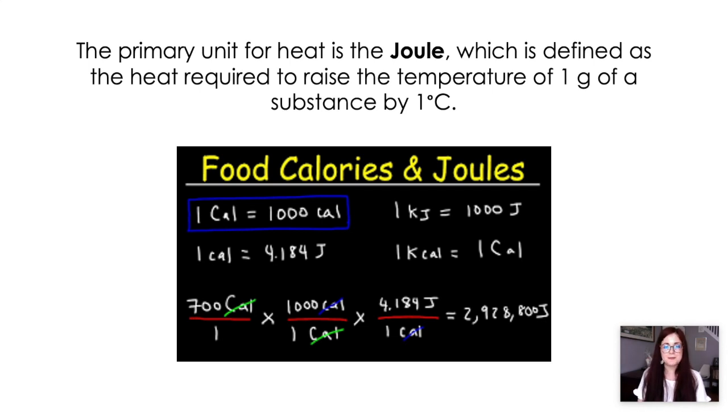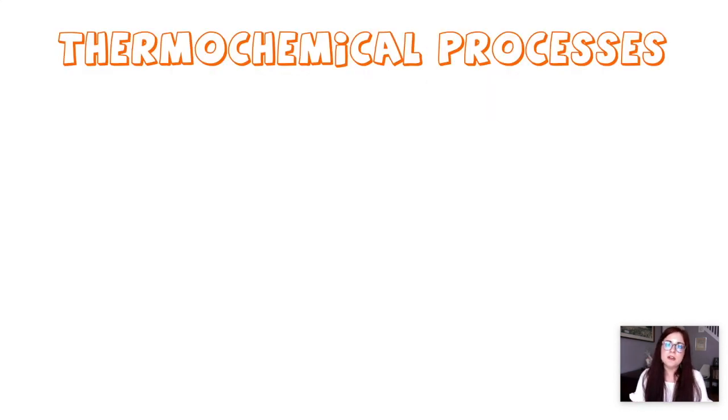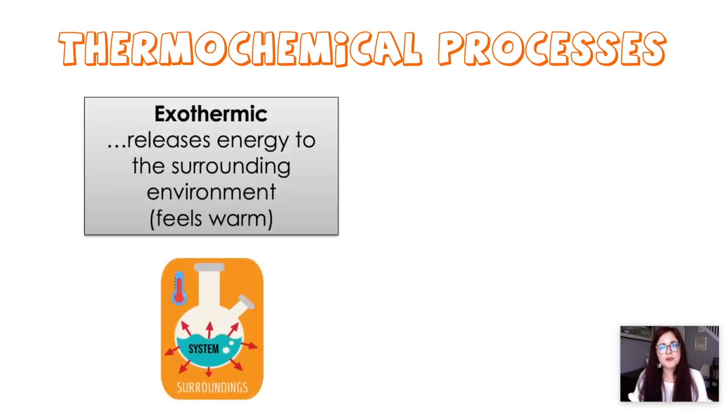In thermochemistry, there are 2 different types of thermochemical processes, and I want you to get very familiar with both of these. The first type of process is an exothermic process. Exothermic means that the system releases energy to the environment, and when a system releases energy to the environment, it tends to feel very warm.